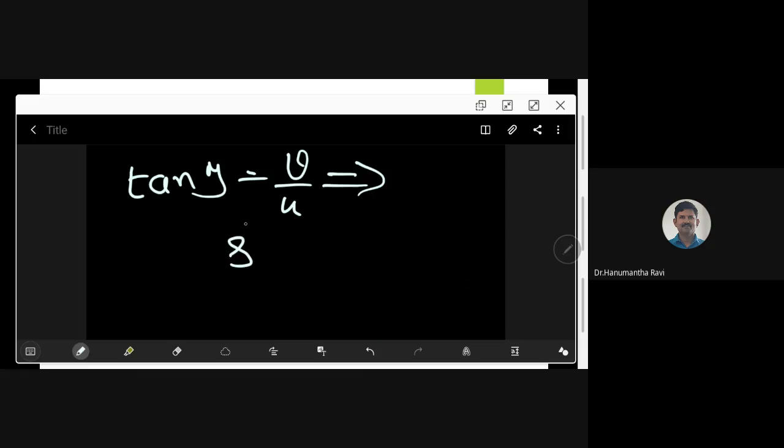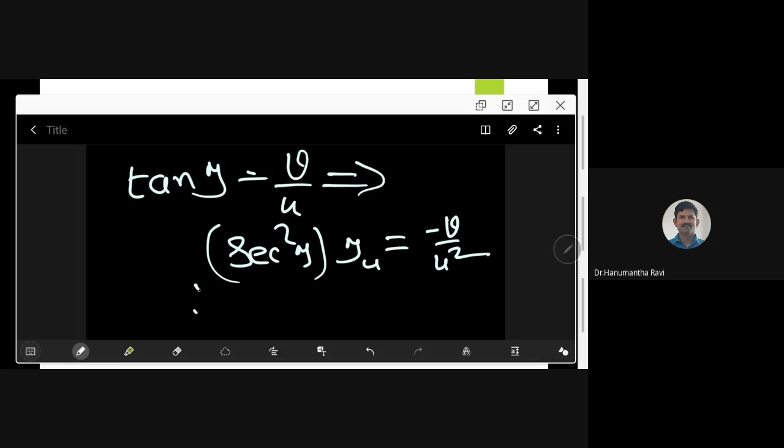So secant square y into yu is equal to the right side. V is constant, so minus v by u square. So therefore, what is yu? Yu is minus v by u square, divided by secant square y.